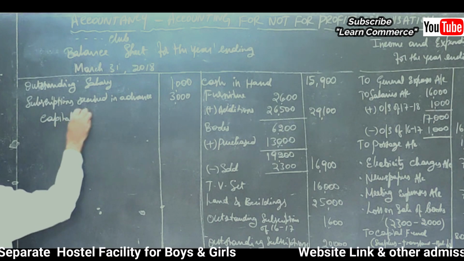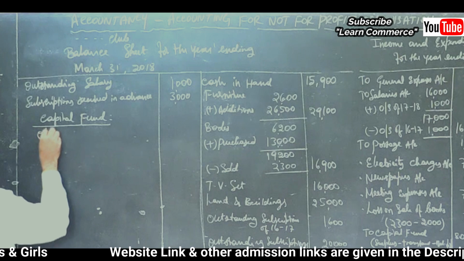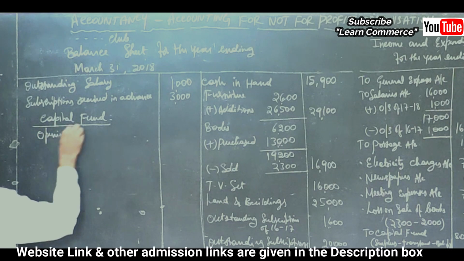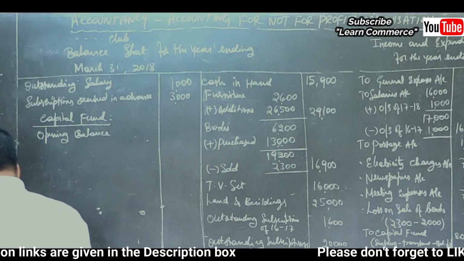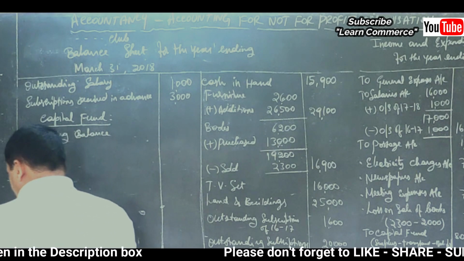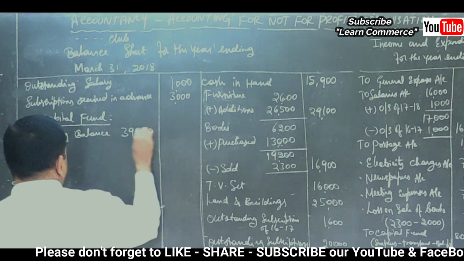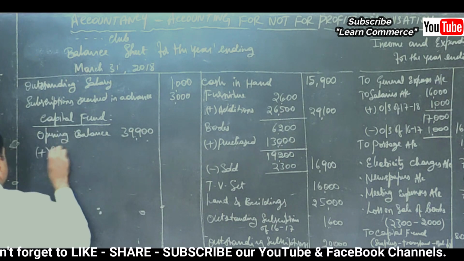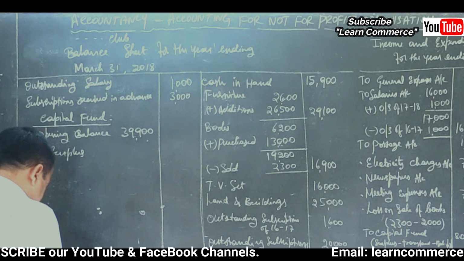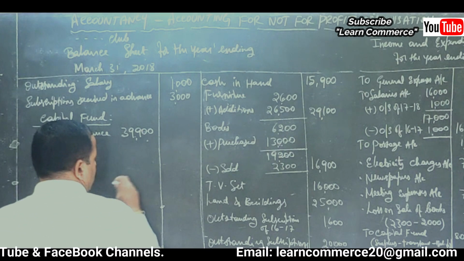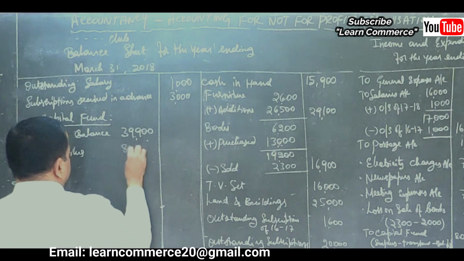Capital fund. Under that, opening balance: 39,900. Add surplus. There are no capitalized receipts, only surplus we have to add. 80,600, right? Yes, it is.